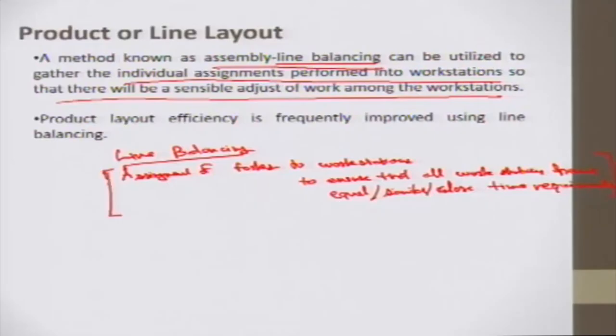What will this do? This will reduce the idle time of the machines. So this is line balancing.